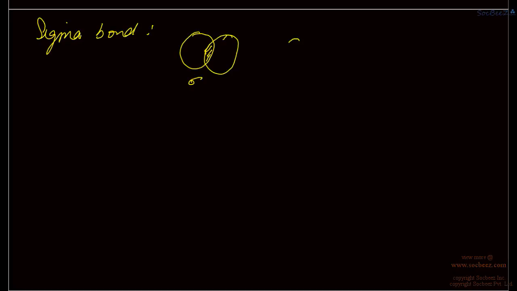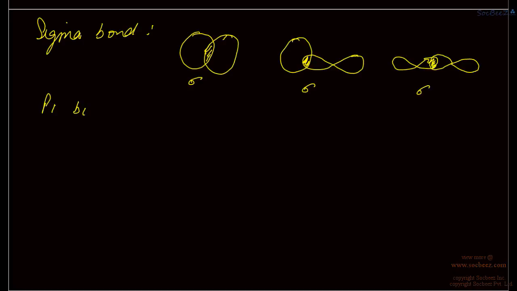Or one s orbital and one p orbital overlap in this manner, then a sigma bond is formed. Or two p orbitals overlap axially, then a sigma bond is formed. Whereas pi bonds are formed by lateral overlap of p orbitals.